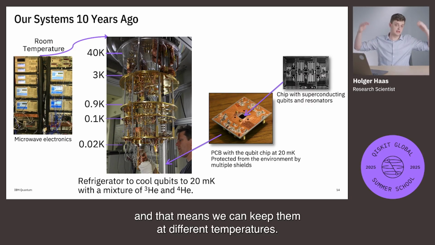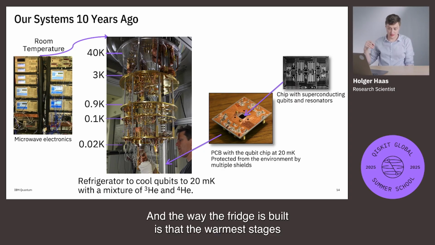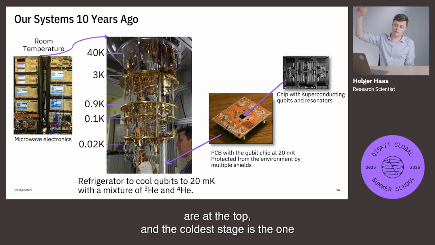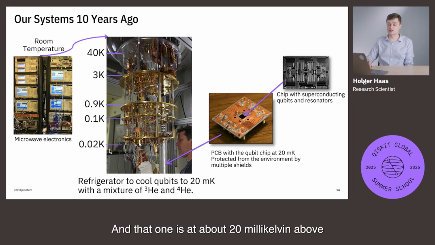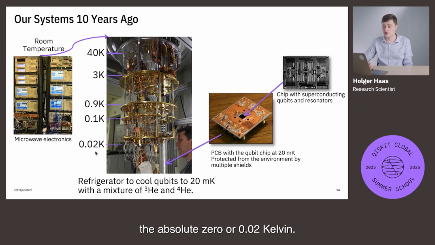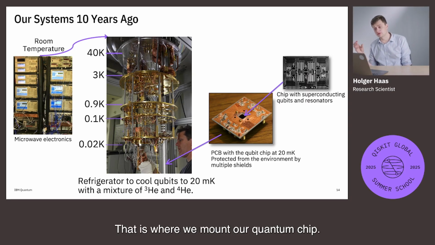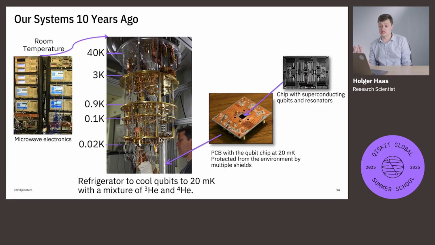And that means we can keep them at different temperatures. And the way the fridge is built is that the warmest stages are at the top, and the coldest stage is the one that's the most bottom stage here. And that one is at about 20 millikelvin above the absolute zero, or 0.02 Kelvin. That is where we mount our quantum chip.